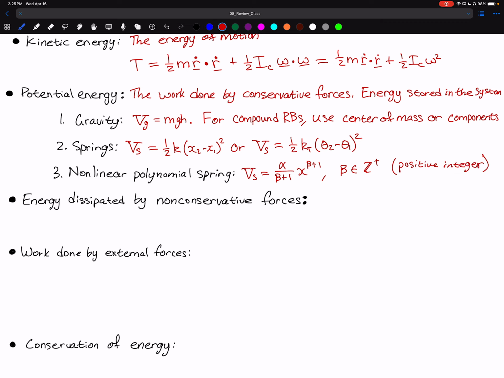I mentioned you can generalize this for beta being any value. You can also generalize, as with the force, the same thing with the energy as well. So beta doesn't have to be an integer.